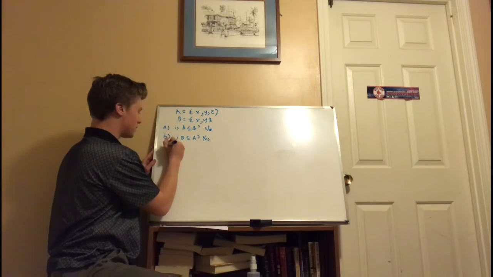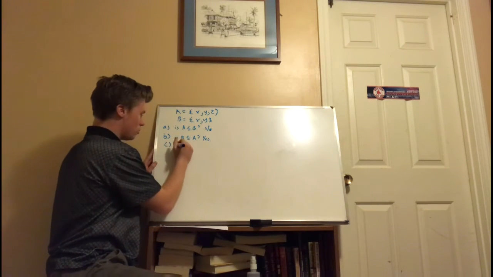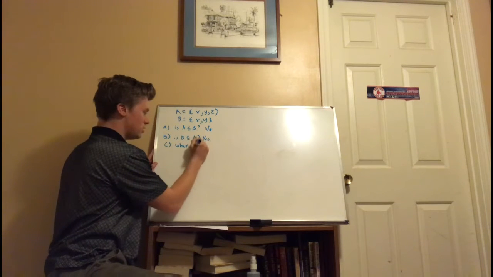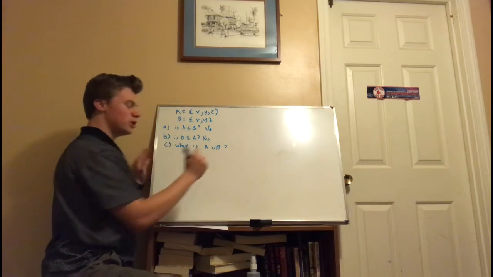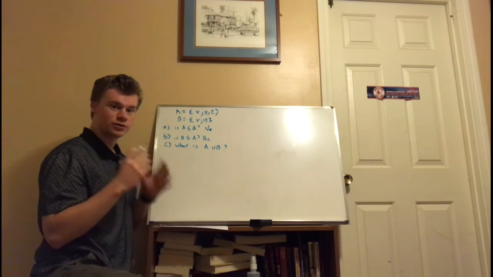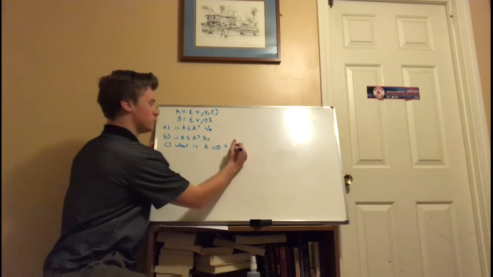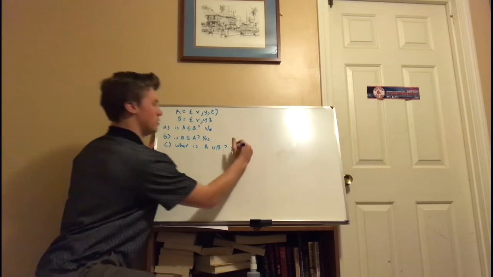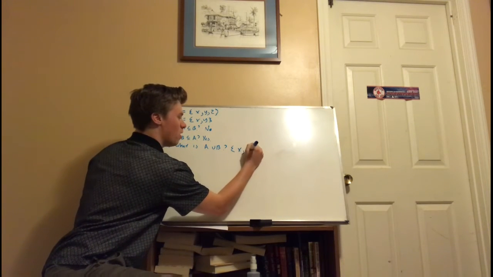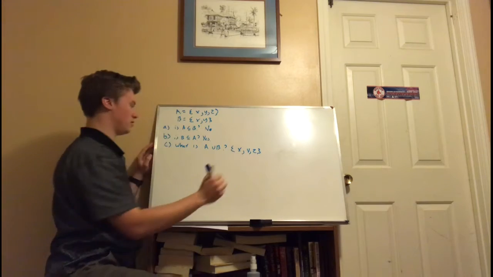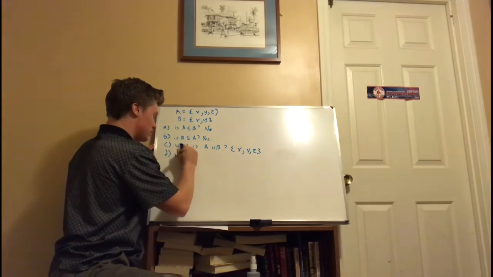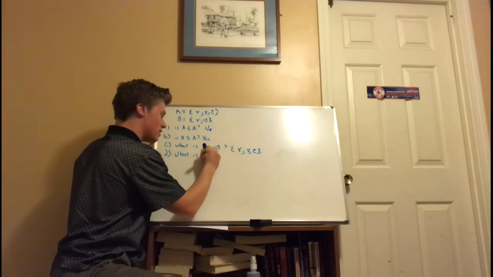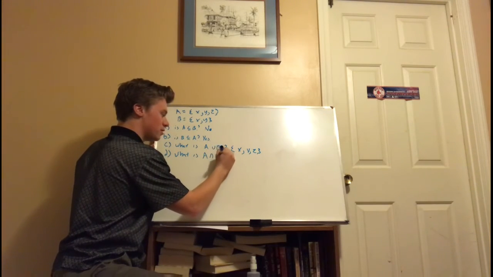Question C. What is A union B? Union is the joining of two sets. So the set of A union B would be X, Y, and Z. Part D. What is A intersect B?